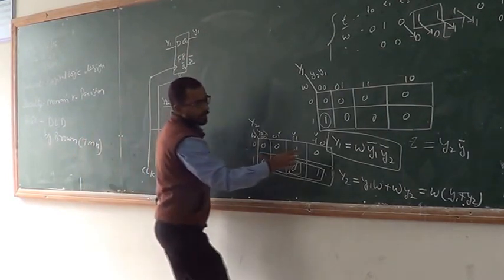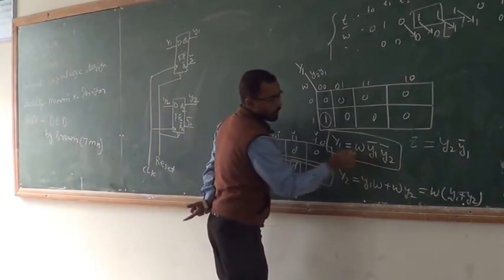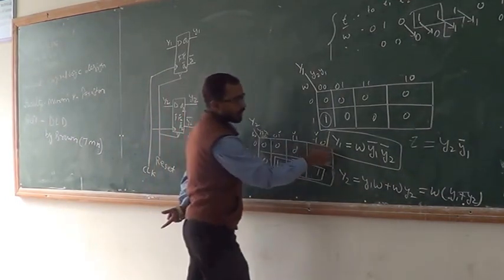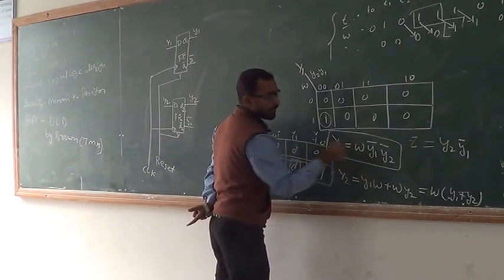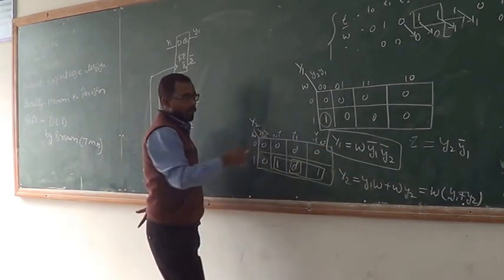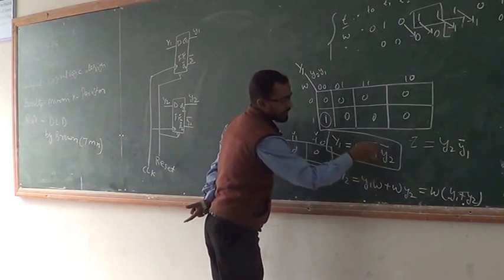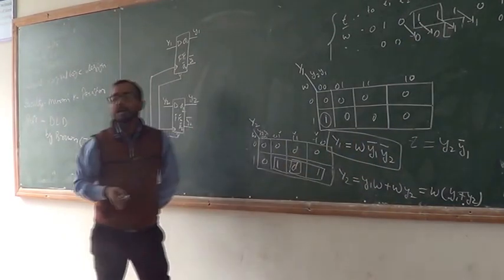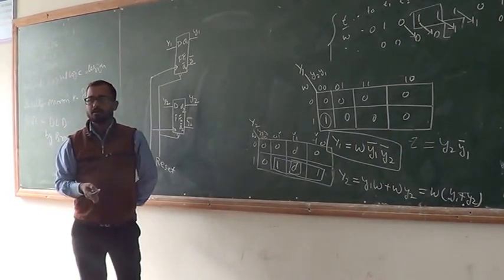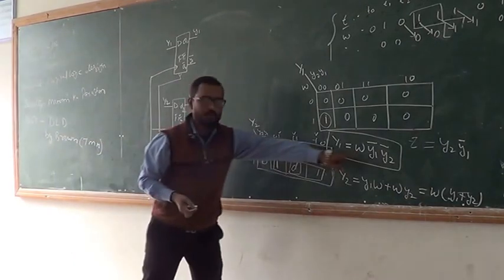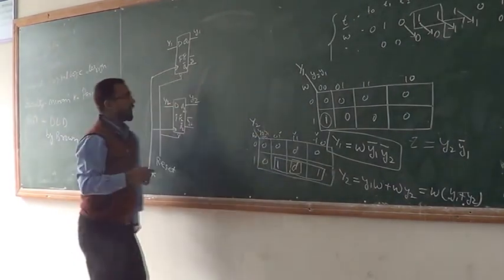That means here W, y1 bar, y2 bar. Okay, at the place of y1, W, y1 bar and y2 bar are there. This is in product form, therefore we require an AND gate.